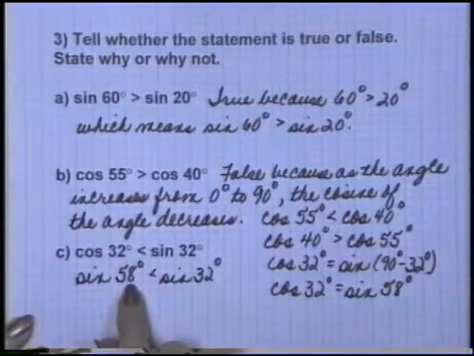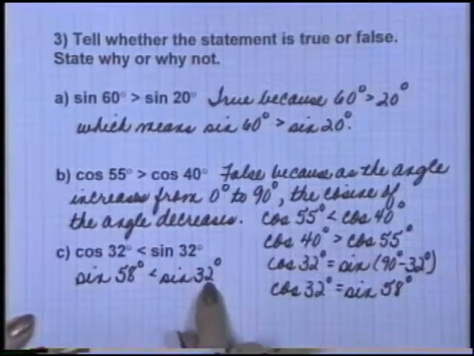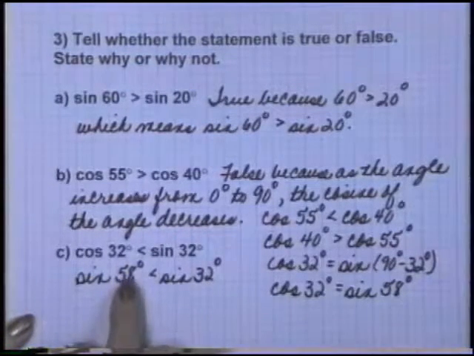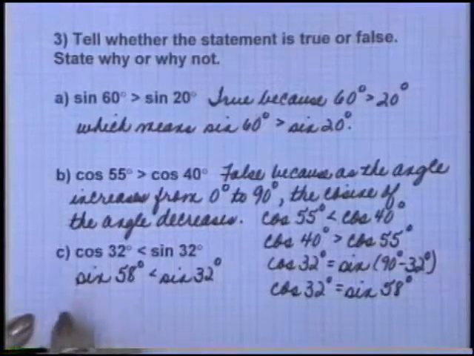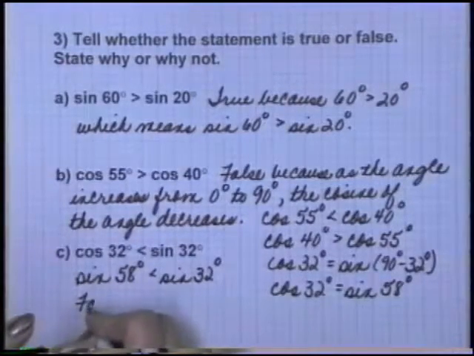So now, is this true? Is the sine of 58 degrees less than the sine of 32 degrees? How about it? The larger the angle between 0 and 90, the greater the sine.